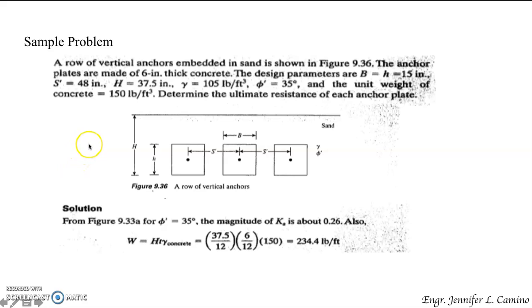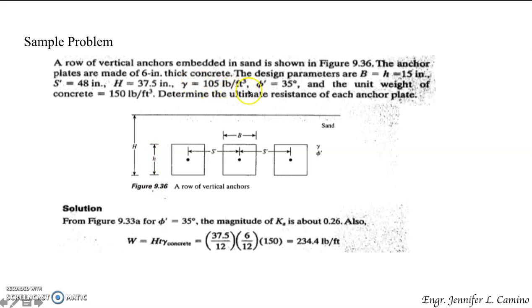So we have here a sample problem, a row of vertical anchors embedded in sand shown in this figure. The anchor plates are made of 6 inches thick concrete. The design parameters are B equal to H, which is 1.5 inches, and S prime is 48 inches. Capital H is 37.5 inches. Our small h is 15 inches.